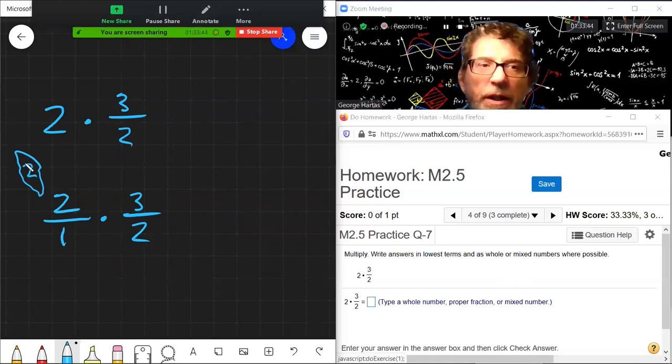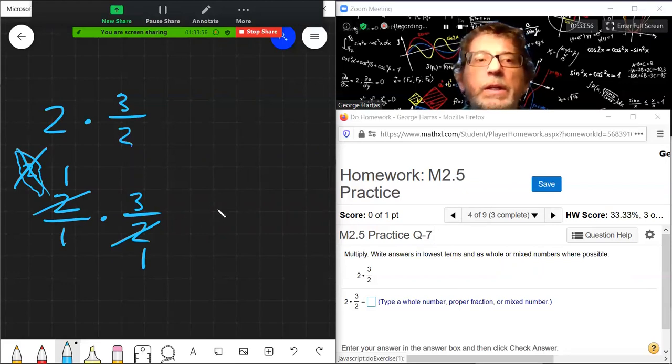The 2 that you're thinking about divides into this 2 one time, and into this 2 one time. Cross out the thought bubble. We don't need it. It's time to multiply straight across. 1 times 3 is 3. 1 times 1 is 1.